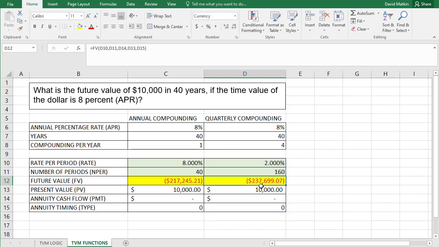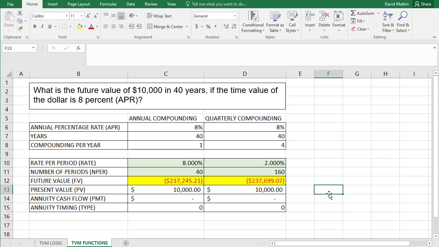And we can see that if the compounding occurs quarterly, even at the same APR, we end up with a higher future value. In this case, $237,699.07.